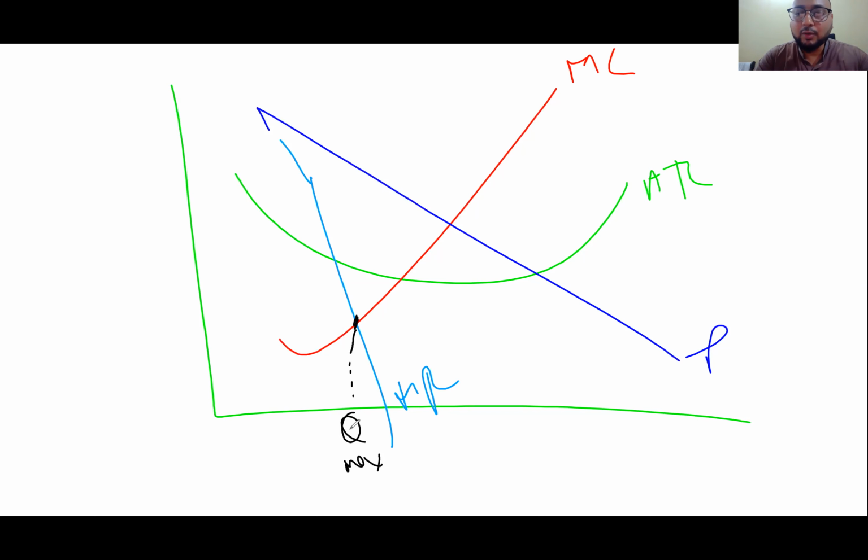So by producing this quantity, what is the price? Price is on the price line. This is the price, right? What is the cost? Cost is on the cost line.